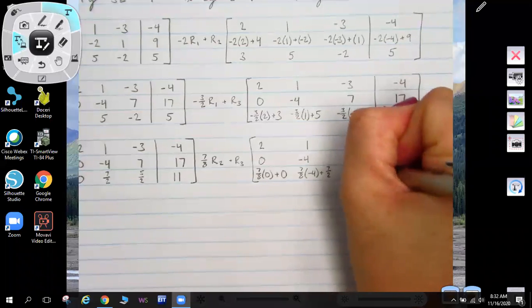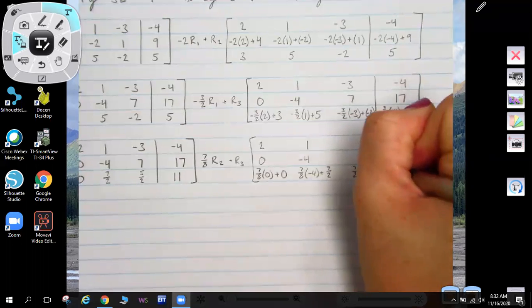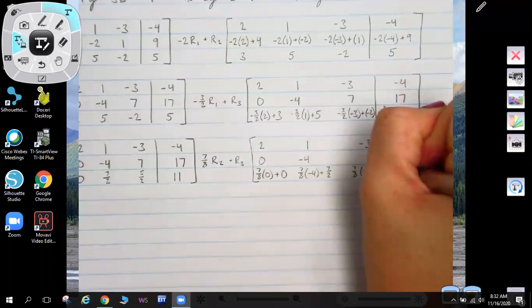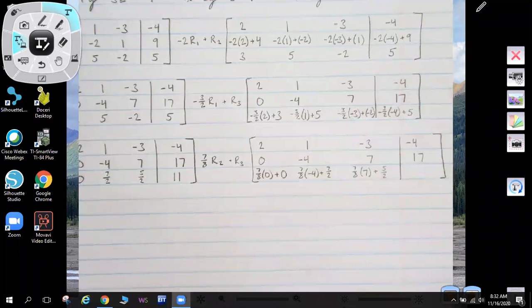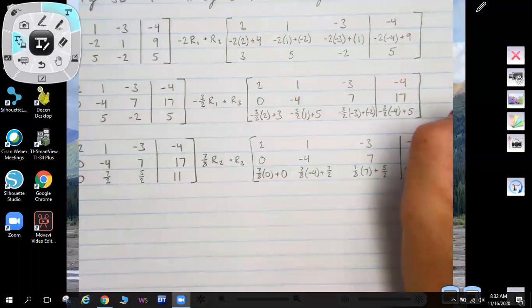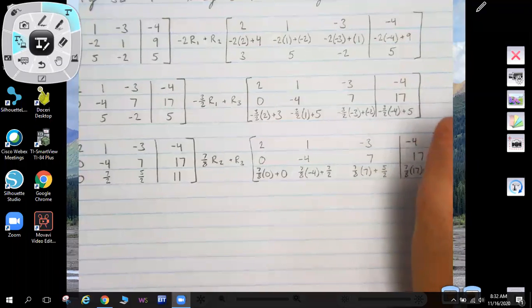Next, 7/8 times row 2, which is 7, plus row 3, which is 5/2. Last one, 7/8 times row 2, which is 17, plus row 3, which is 11.